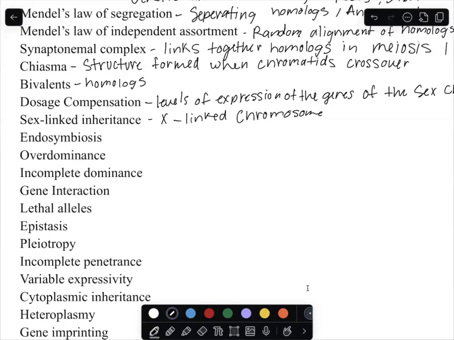Okay, endosymbiosis is a relationship in which an organism lives inside its host. So in our case, it's chloroplast and mitochondria.